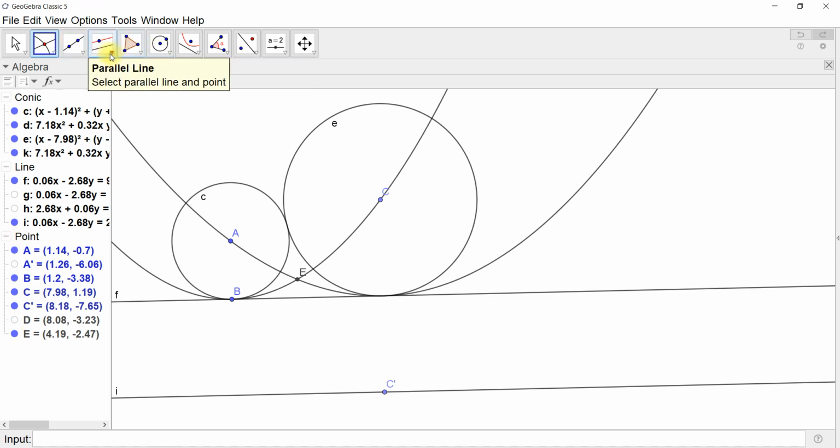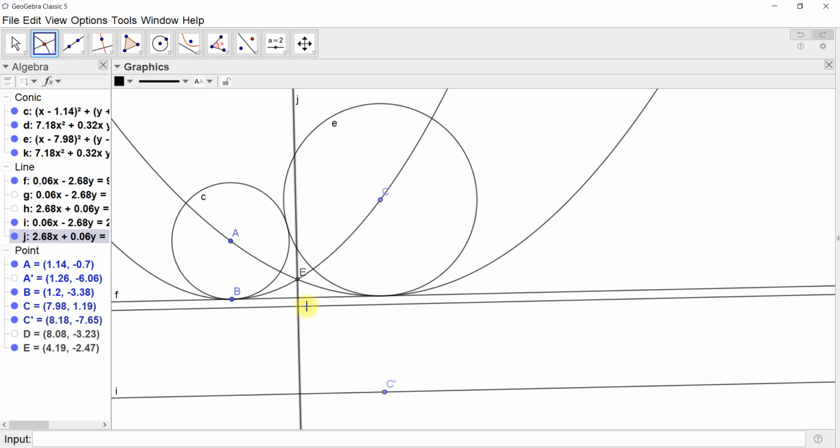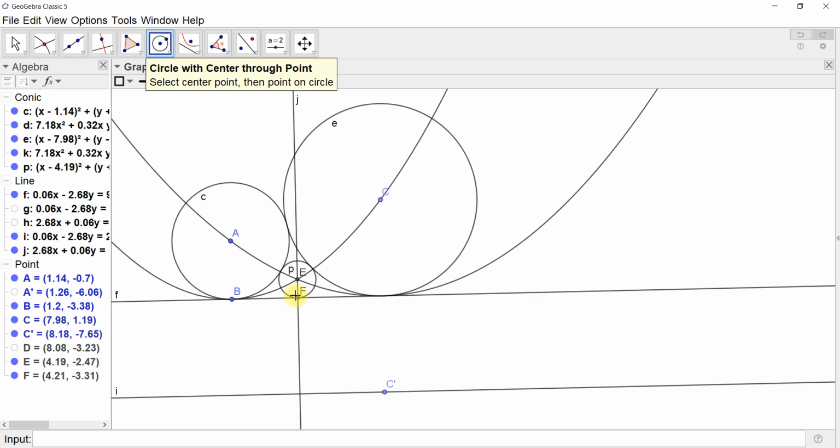And now if we do a perpendicular line from there to there, get our intersection there, and do my circle through center and point. There is our circle.